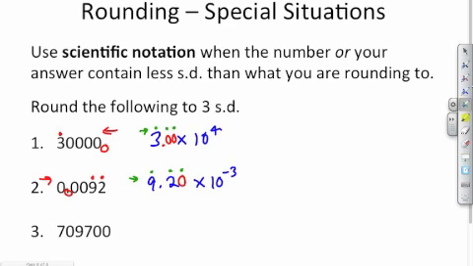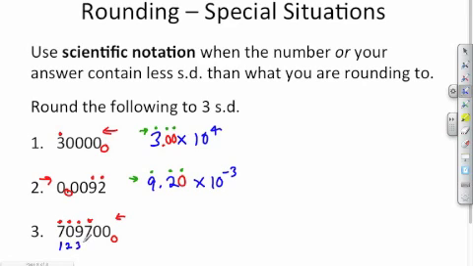709,700. First thing I'm going to do is determine the significant digits. The decimal is absent, so I start on the Atlantic side. First non-zero digit is a 7. That and everything else that follows is significant. Now you'll notice that in this problem we have 4 significant digits, and so you're saying, well, what's the problem?